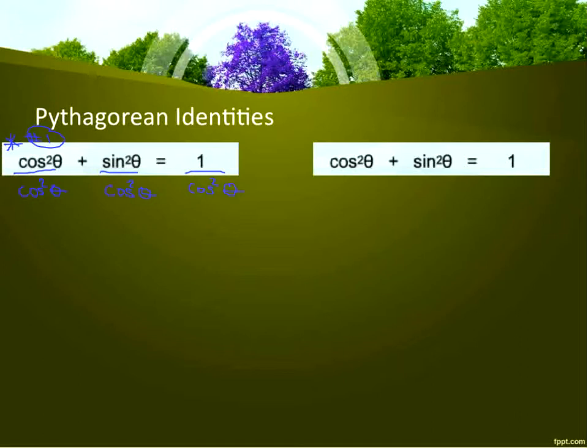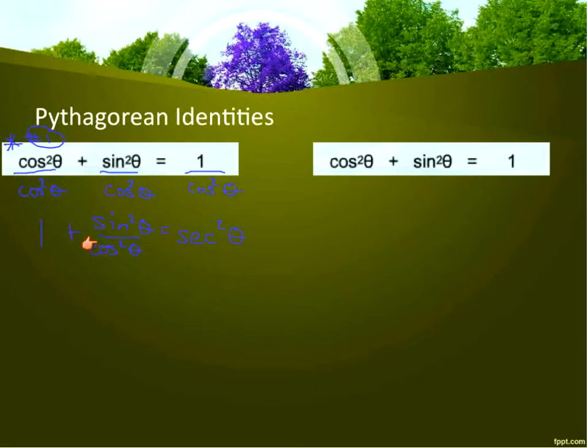There we go, sorry about that. Okay, so cosine squared theta divided by cosine squared theta would give us a 1. Here I get sine squared theta over cosine squared theta. And then 1 over cosine is the same as secant, so I can change that to secant squared. And then the last thing I can do is right here.